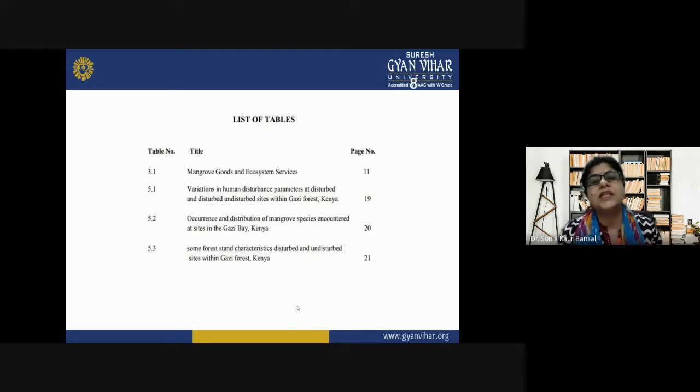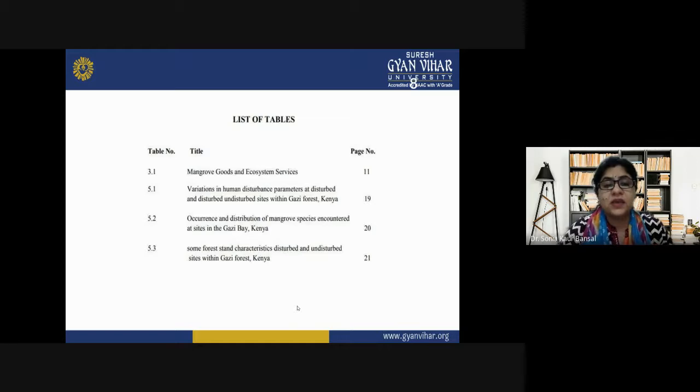Then here comes the list of tables. How many tables you have included in your whole thesis? Now, in the preliminary pages, you have to mention all the tables by giving them proper numbers and proper page numbers.